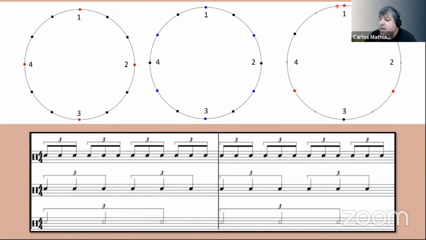And if you take a quick look, I have 12 points here, because I thought initially on playing triplets over 4 tempos. So I have 3 notes, then 3 times 4 equals 12. So I have 12 points here. And 12 is a number that has a lot of divisors. So 6 divides 12, 4, 3, 2, they are all divisors of 12.